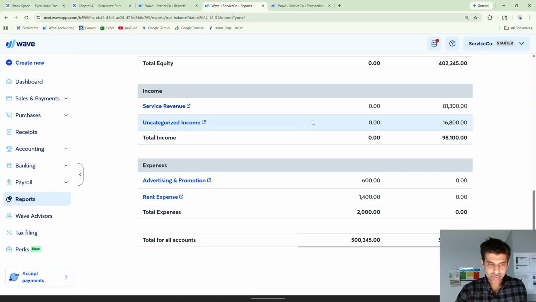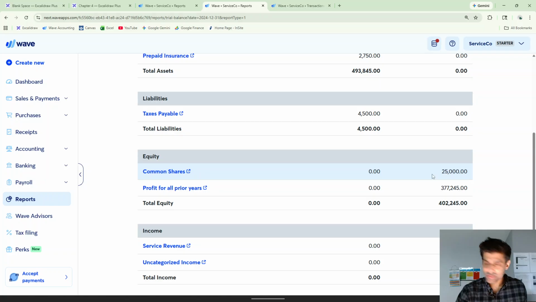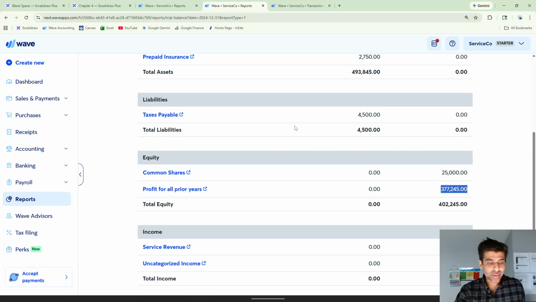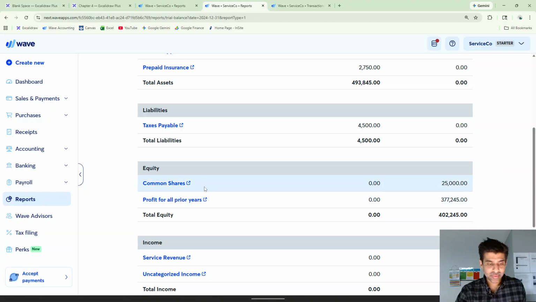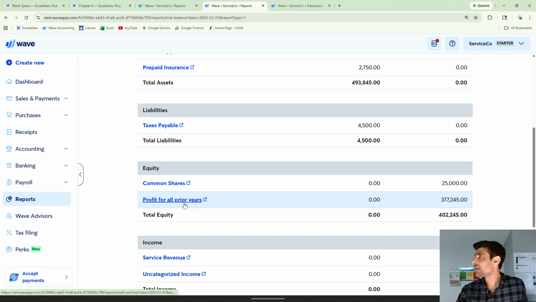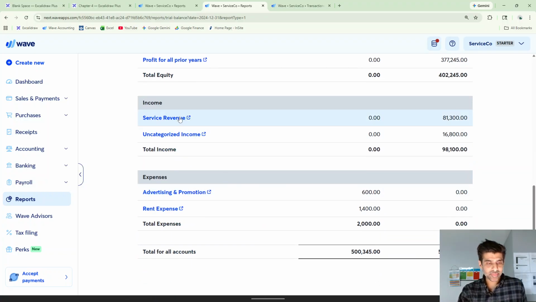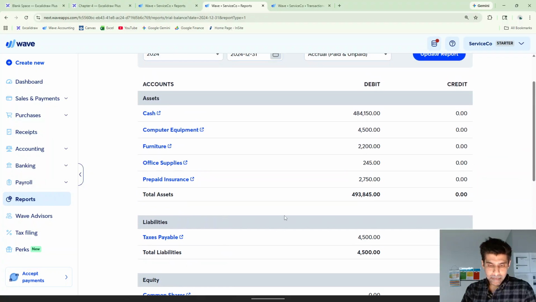So you can see I have revenues, expenses, common stock. So there's some contributed capital. Since this is only looking at 2024, you see that they're calling retained earnings profit from all prior years. But that's essentially the beginning balance of retained earnings. And then we're adding, of course, the income and expenses from this year, and we would update that and the dividends.